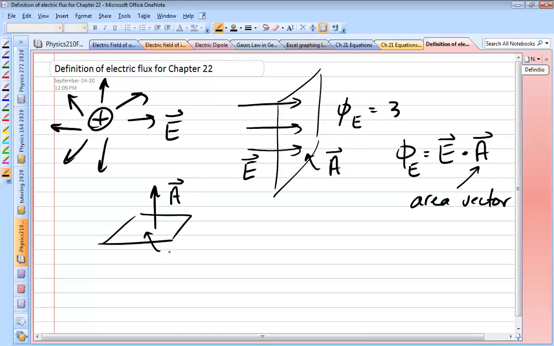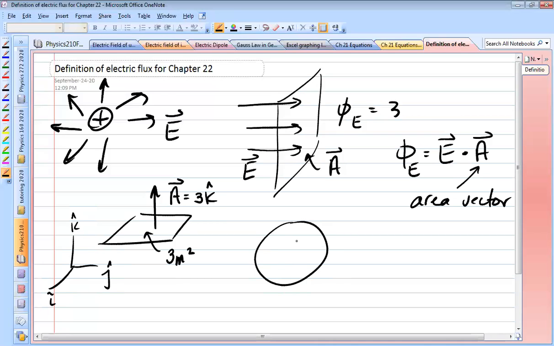Say this area was 3 meters squared, and we had an x, y, z with i, j, k. Then we would write the area vector as 3k hat. So 3 meters squared is the magnitude and k hat is the direction.